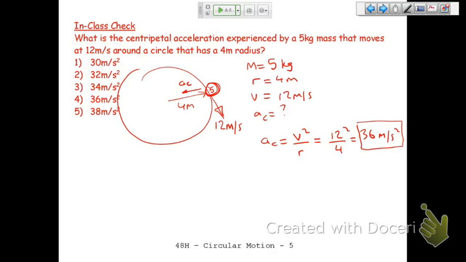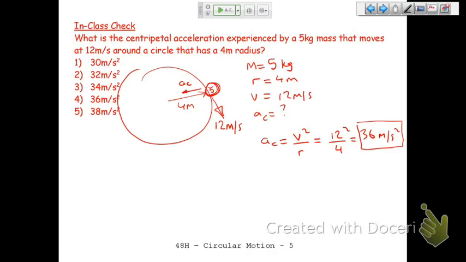It's not that it doesn't exist, but it is a bit confusing because the centripetal force is not caused because this object goes in a circle. What makes this object go in a circle is the tension in the string.